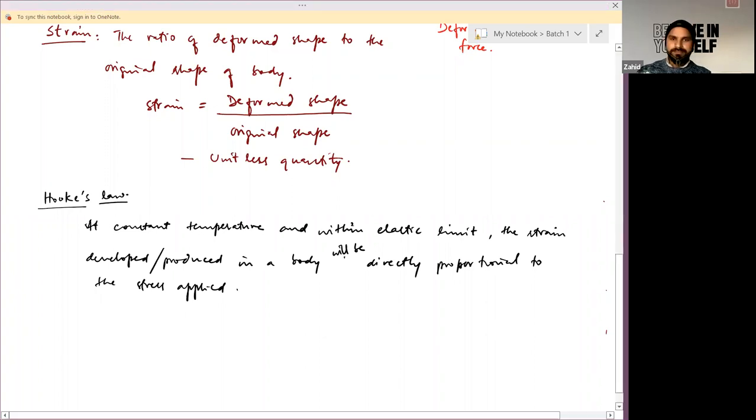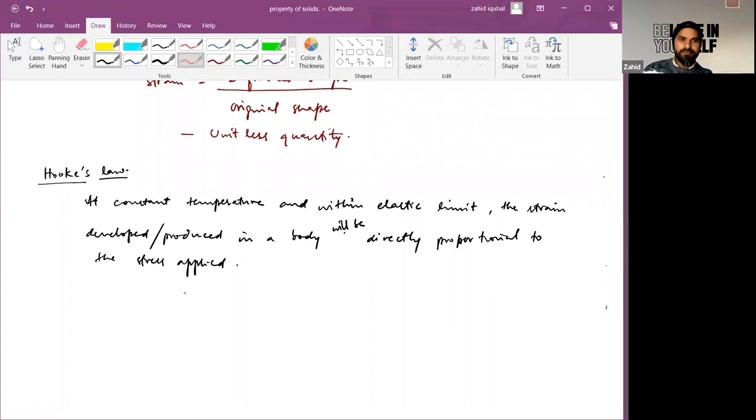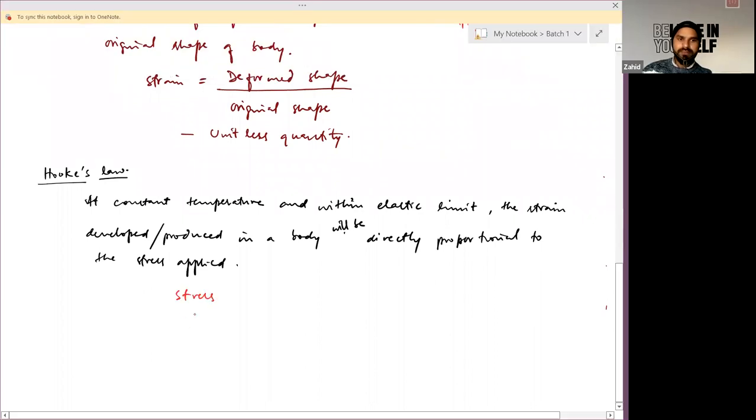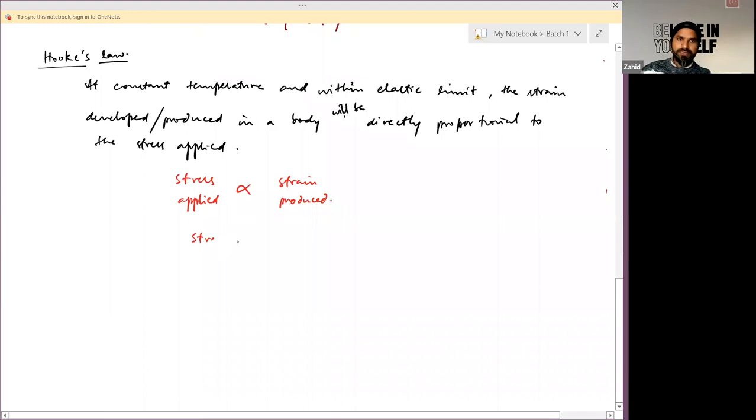It means stress applied is proportional to strain produced. If we replace the proportionality sign by a constant, stress equals E times strain, where E is called modulus of elasticity.